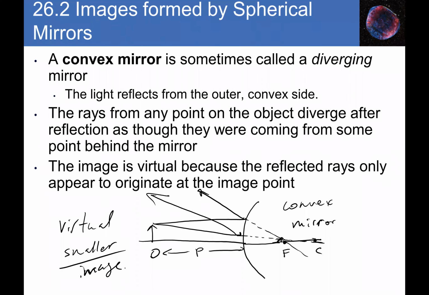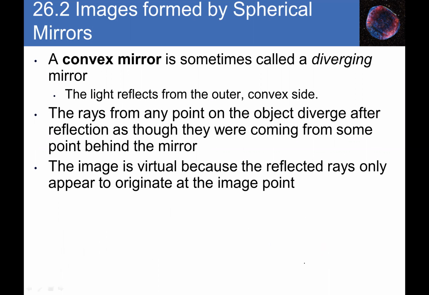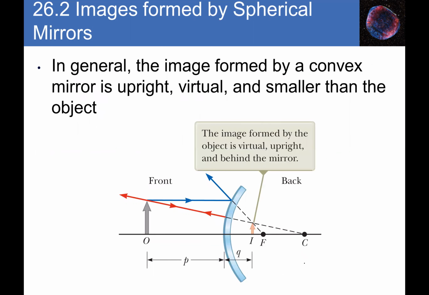So you always get a virtual and smaller image, because it doesn't matter where the object is relative to the mirror, this is always going to be true. So you can see over here, you have the object, and you use those two principal rays. One has to go to C, but obviously it's going to hit the mirror and bounce back, because C is on the other side.